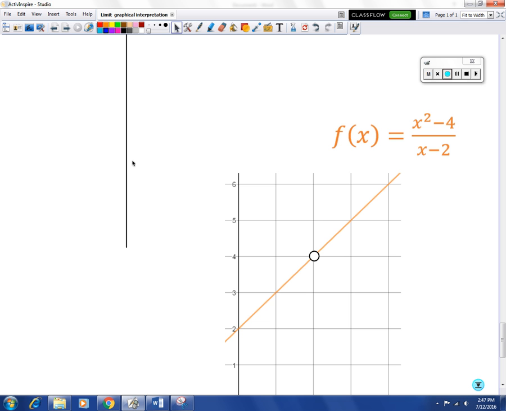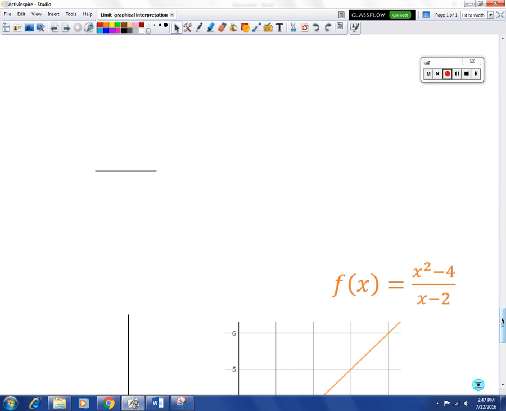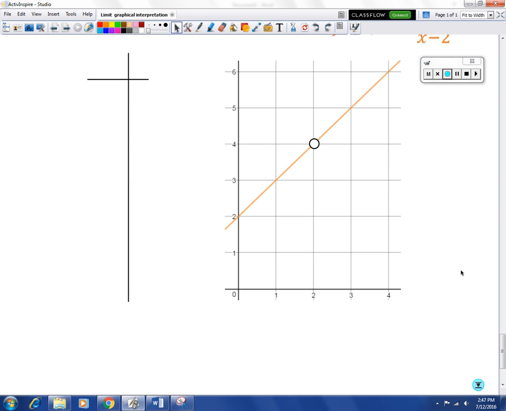And of course you can do a graph and see what the answer would be, but let's do it this way. This is really good to see what that idea is probably anticipating. So here's our x, and our function is x squared minus 4 over x minus 2.